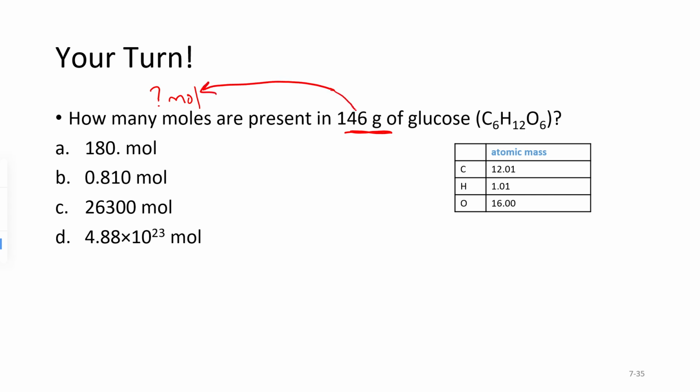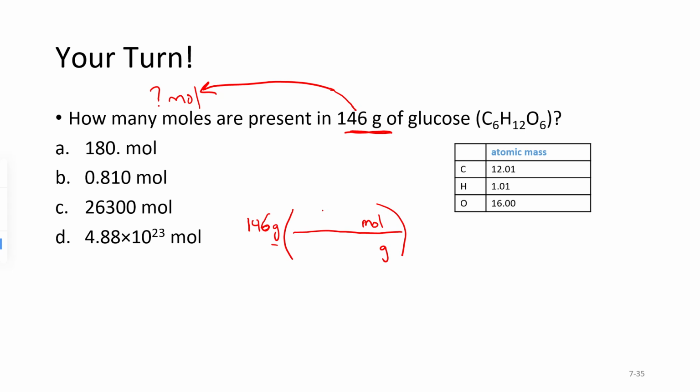And when you do it that way, it helps you keep track in your mind of where you're starting and where you're going, what they're actually asking for. So step 1, we're going to put down the 146 grams of glucose. And since we have grams on the top, we're going to put grams on the bottom. We're going to put moles on the top.